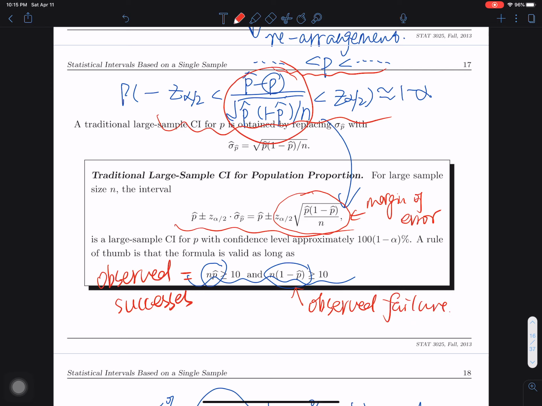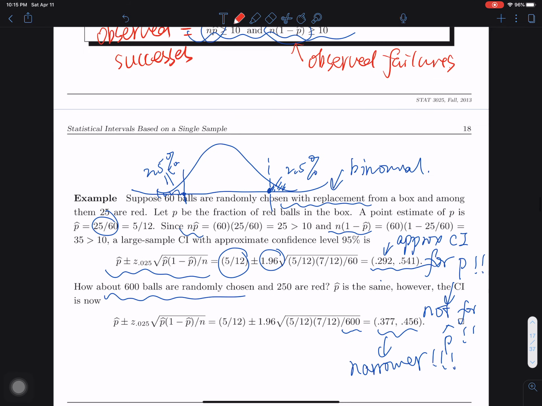That is to say, if we want to utilize this confidence interval, two conditions must be satisfied. The first one is that the observed successes must be greater than 10, and the observed failures must also be greater than 10. Now let's see an example. Since in this example our p hat is 5 over 12, then n p hat will be equal to 25, and n times 1 minus p hat is equal to 35.